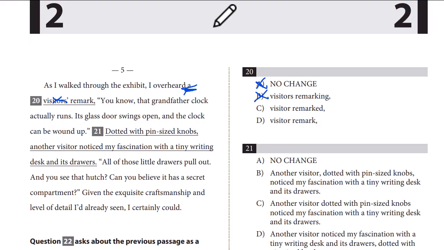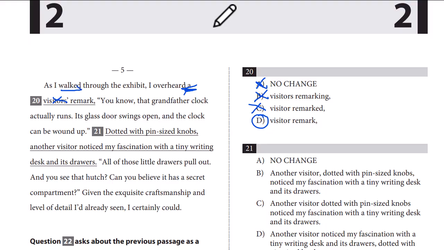So as I walked through the exhibit, I overheard a visitor, singular, remark, you know that grandfather clock actually runs. Now here's an interesting point. The other option is I overheard a visitor remarked, you know that grandfather clock actually runs. I know this is not correct just because of the way it sounds from experience hearing English. But if I look at it, I'm not sure I can explain it logically.